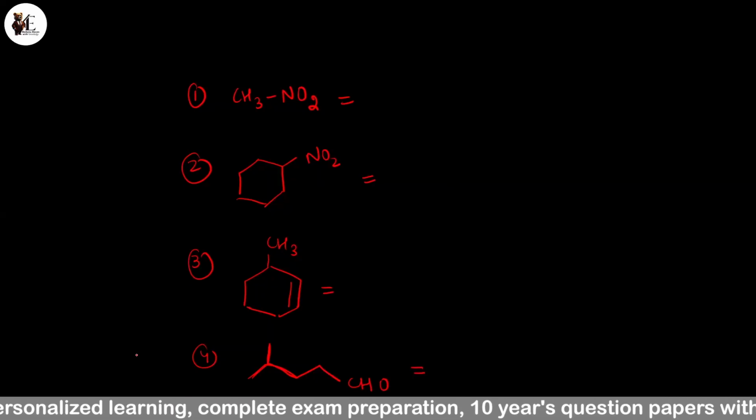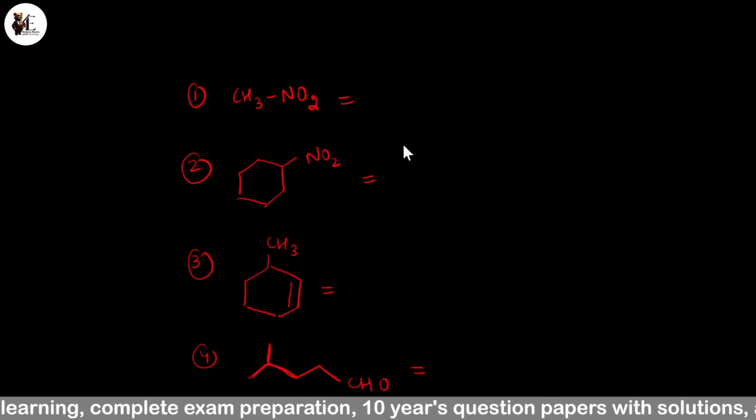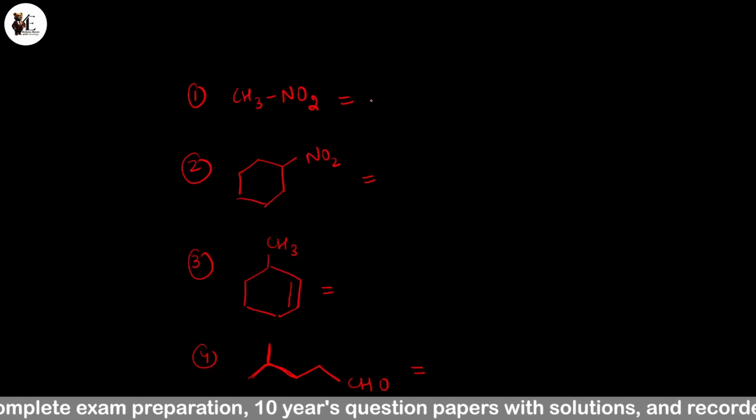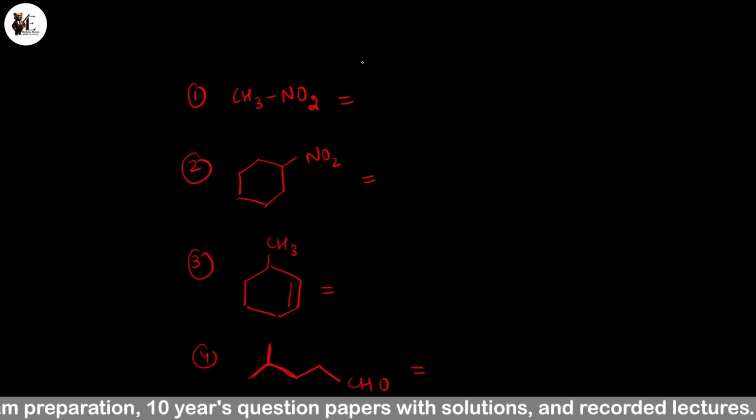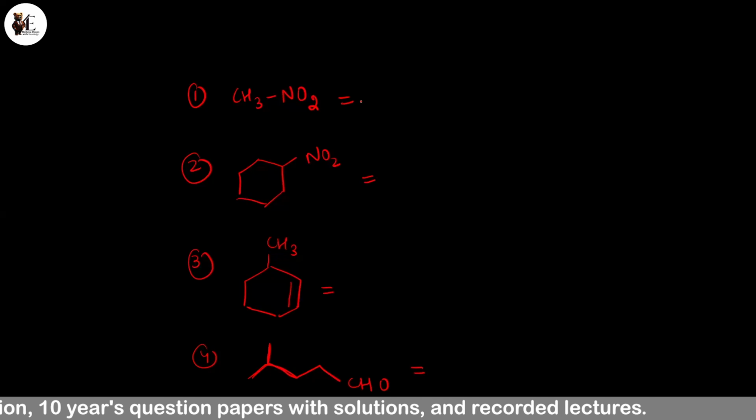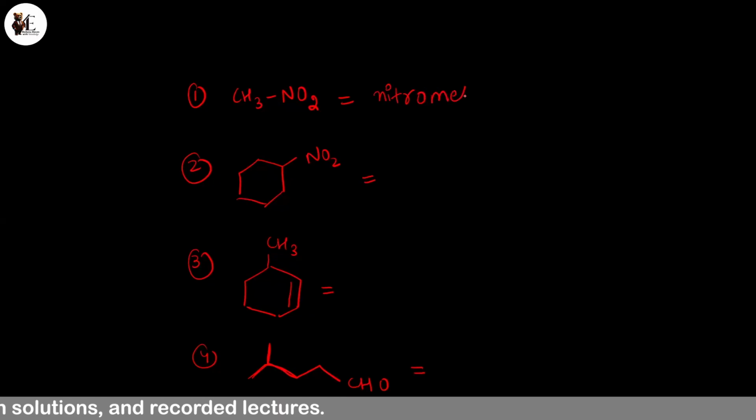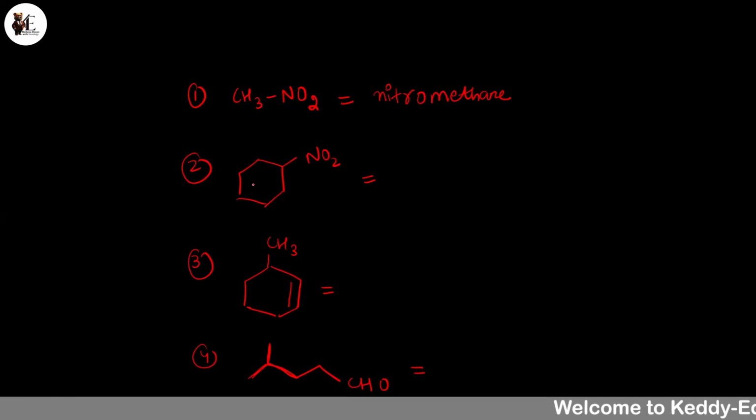So what is the name of first compound? Nitromethane. Yes, it is nitromethane. What is the name of second compound? Nitrobenzene. Is it benzene? Look carefully. It is not benzene, no double bonds are there.